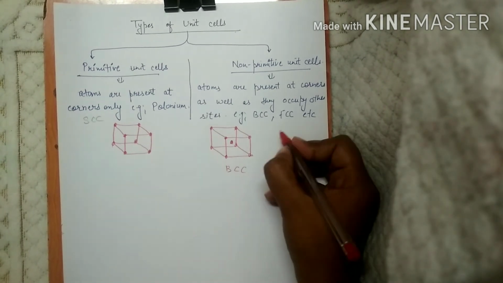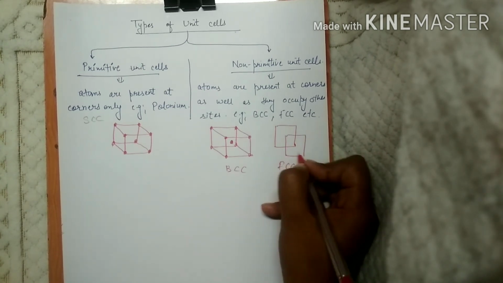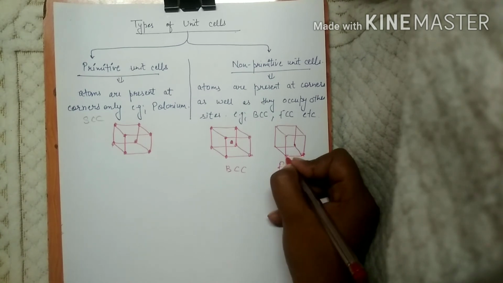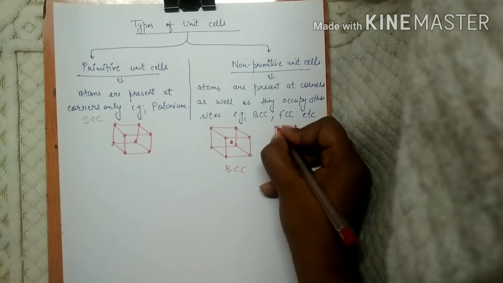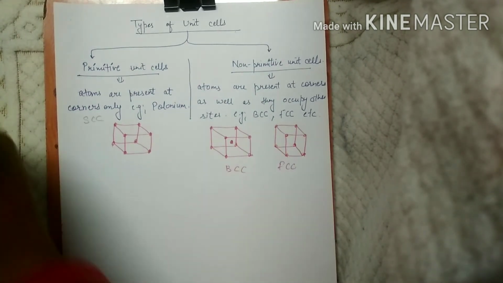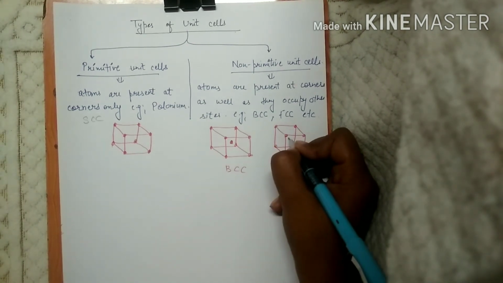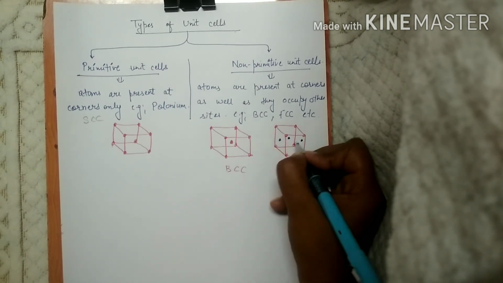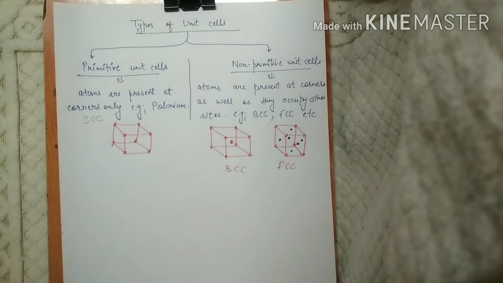Also, there is an example of FCC. Here atoms will occupy the 8 corners again, and they will be present at each face center also, like this: front face center, back face center, left face center, right face center, bottom center, up center.